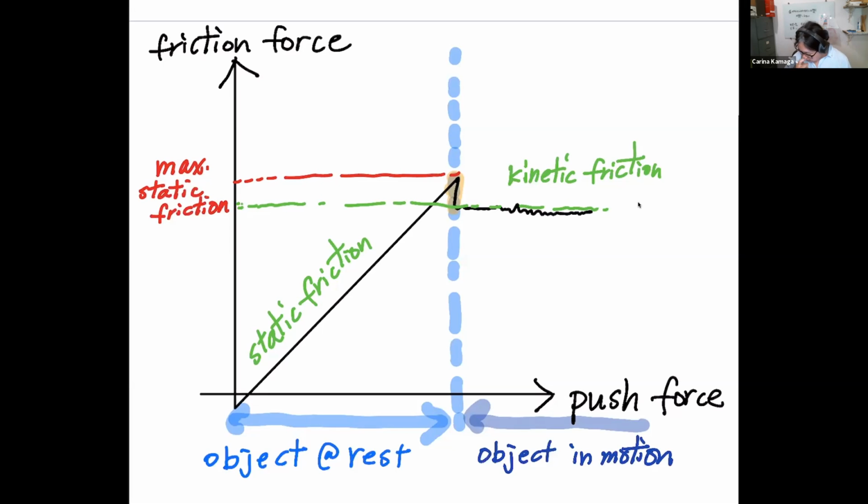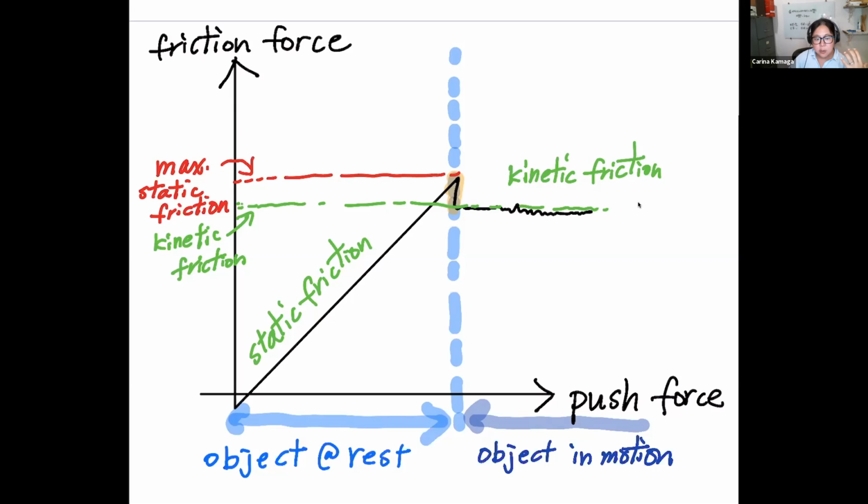And usually the maximum static friction is higher than this kinetic friction. So the value when it just starts to slide is called the maximum static friction.